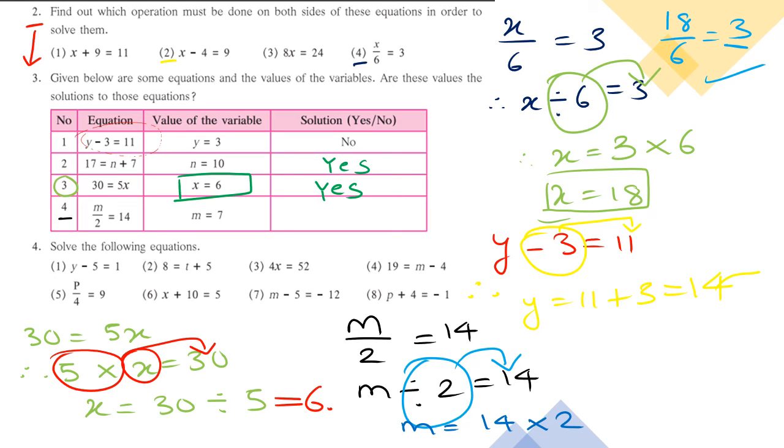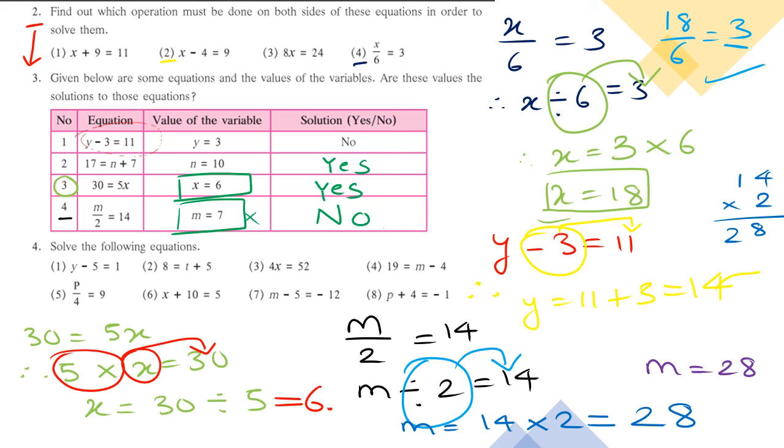To avoid any calculation mistakes, check it. So you get it to be 28, right? So 14 multiplied by 2, M is 28. So you can write M is equal to 28 and they told M is 7. So is M 7? No, right? So you write no here. I hope you get this one.